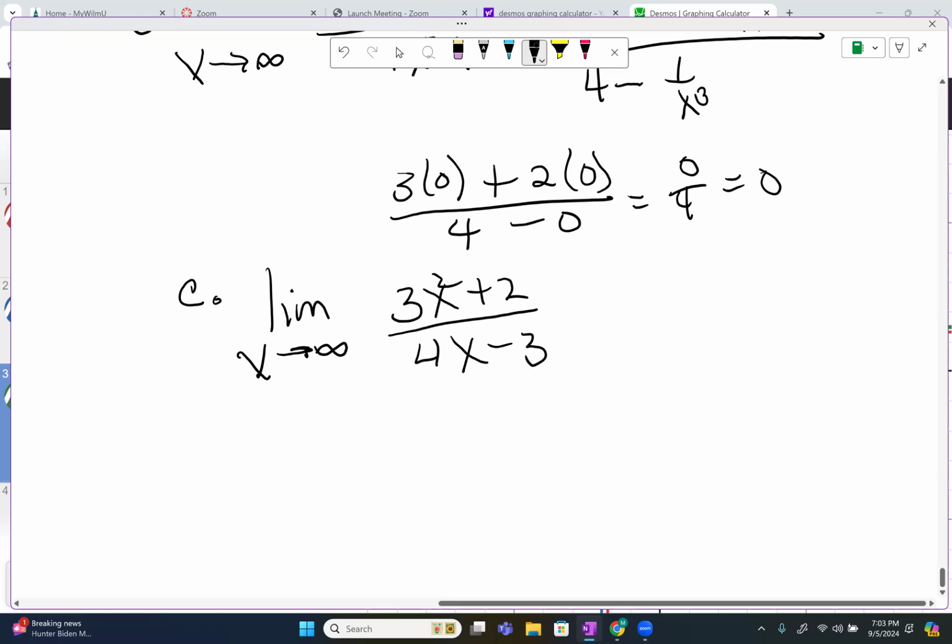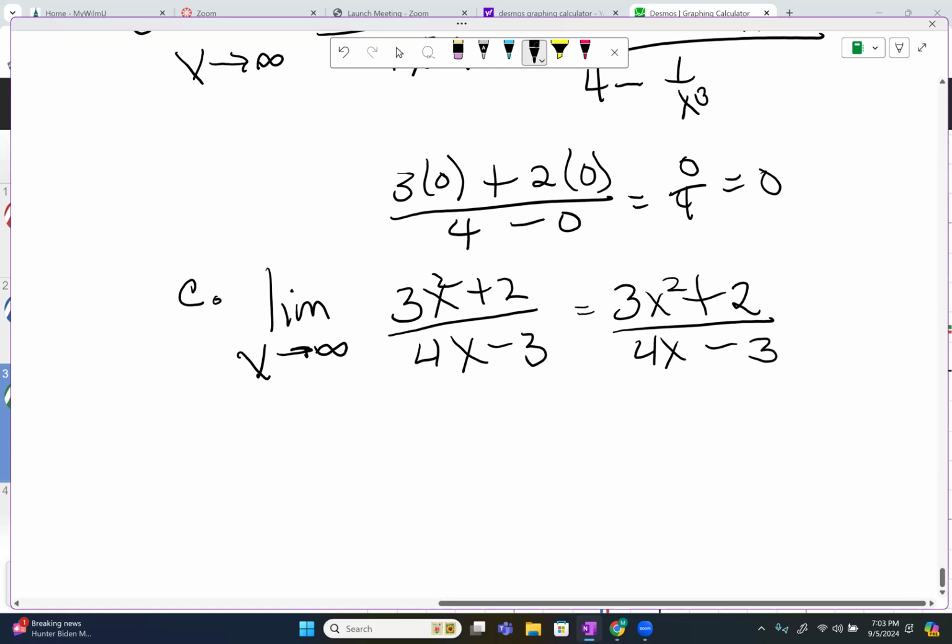So this becomes basically 3x squared plus 2 over 4x minus 3.